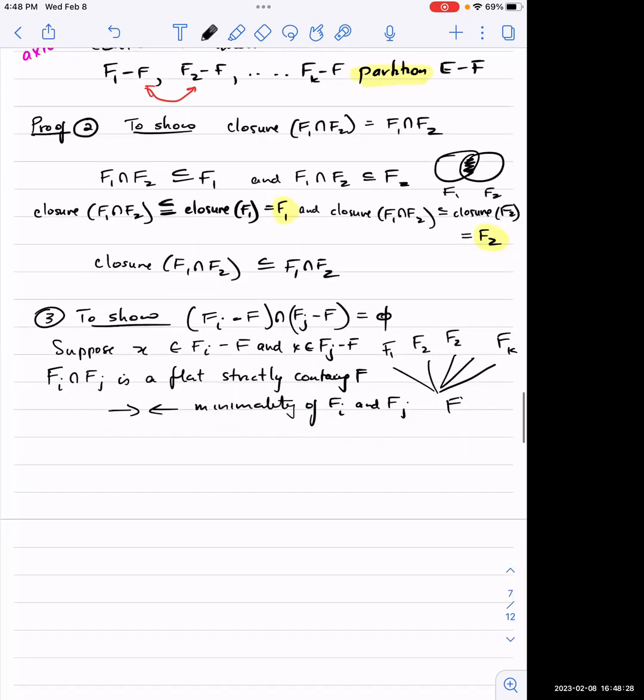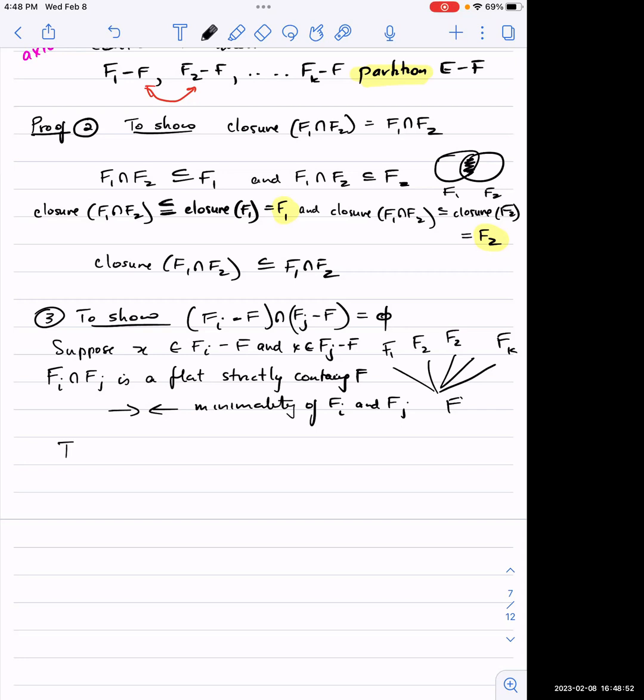Because if you've got something in the intersection of Fi minus F and Fj minus F, then Fi intersection Fj would be strictly containing F, and that's a contradiction to the minimality.